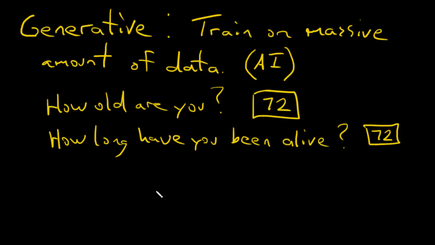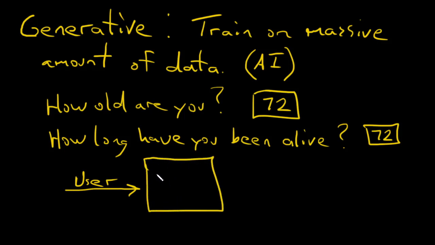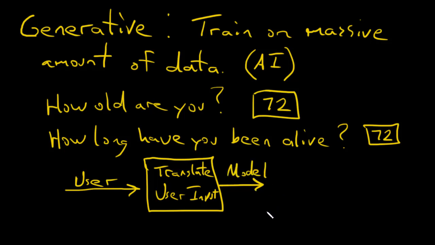So the way that its schematic would be drawn is that it's got the user input. So the user is going to give some sort of query or statement to it. And then rather than having lines in a database, it takes and translates what the user input is, runs it through its model, and the model again is a large, complicated model that's been trained on massive amounts of data.